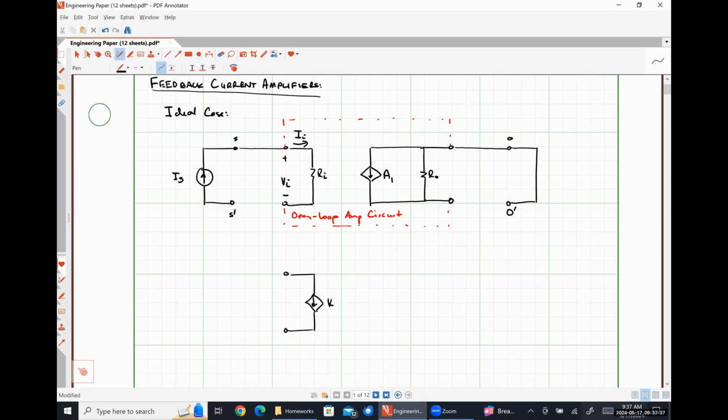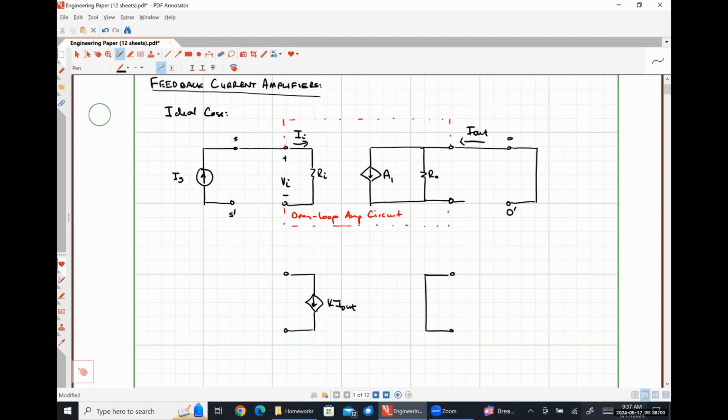So this should be K times I out, where I out is this current. And then to make sure that my feedback network does not load my amplifier stage, I'm going to have a short circuit on this side.